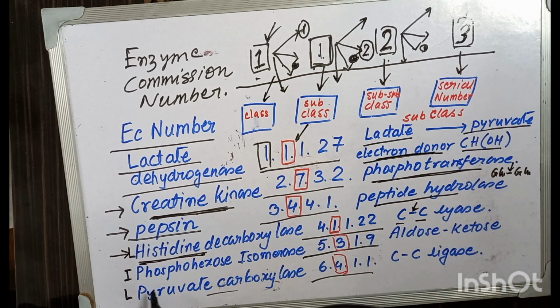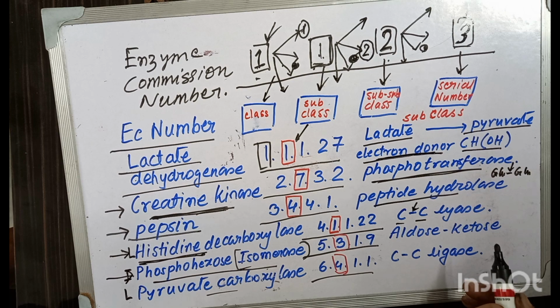Anyway, I'll go to the last thing. It is phosphohexose isomerase, and this is an isomerization reaction. It's a very common example from glycolysis.